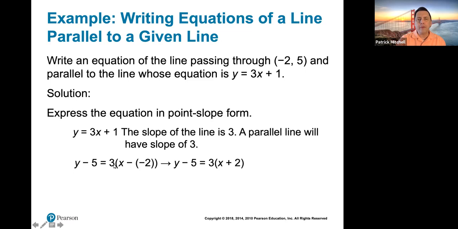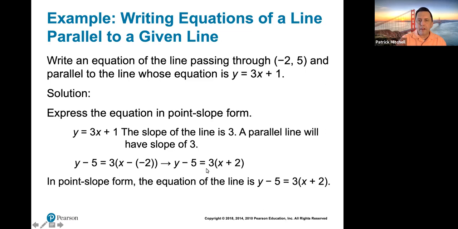So when we first rewrite this as x plus 2, and then distribute the 3, we get, oh, actually they left it in point-slope form. All right, so that's fine. And of course, if you wanted to write this equation in slope-intercept form, you would distribute the 3 and then add 5 to both sides.